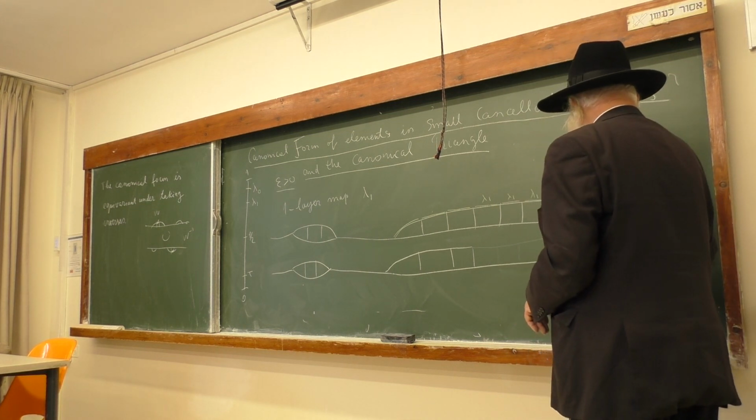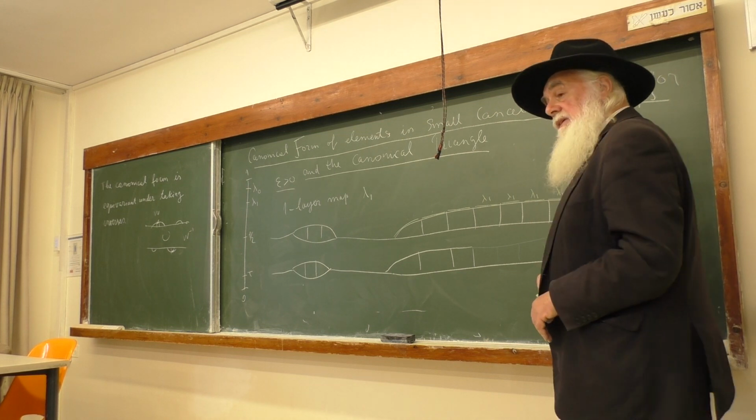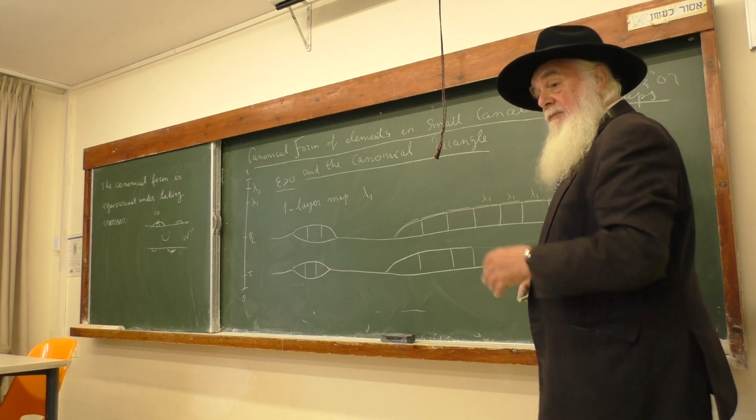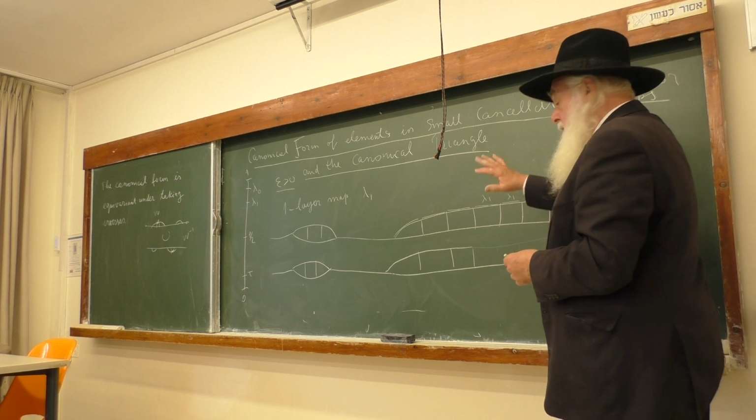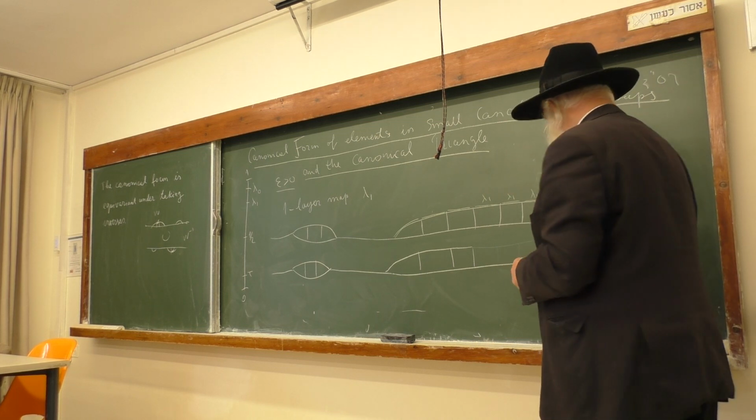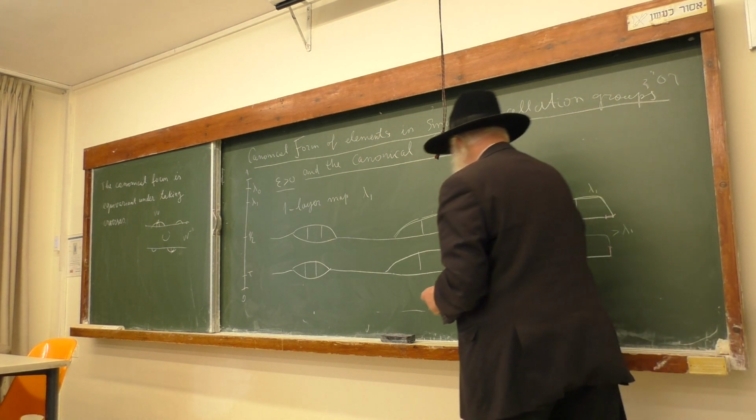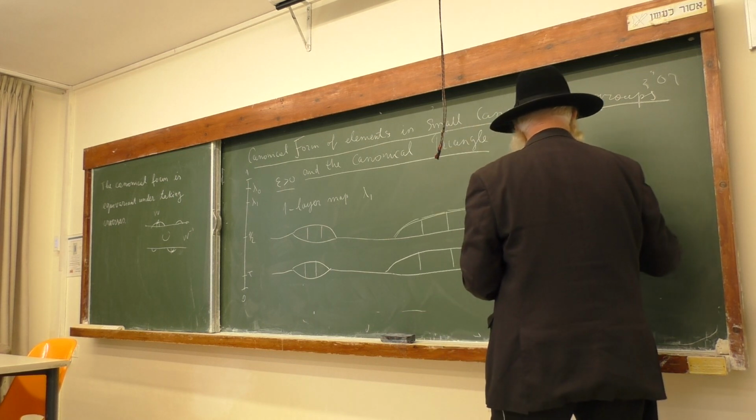So we cannot take it inside this one layer map, because the one layer map should not be bigger than lambda 1. So we have to remove this one.